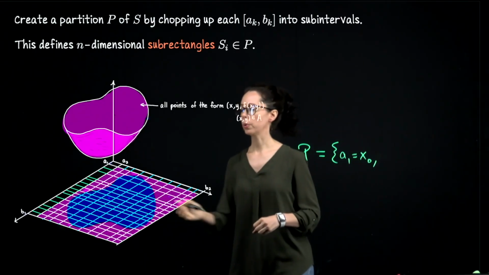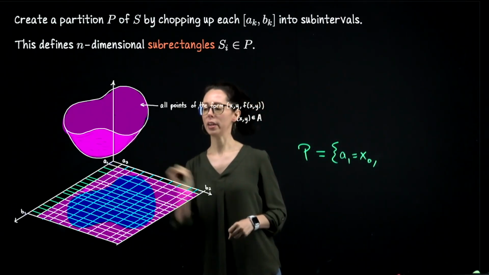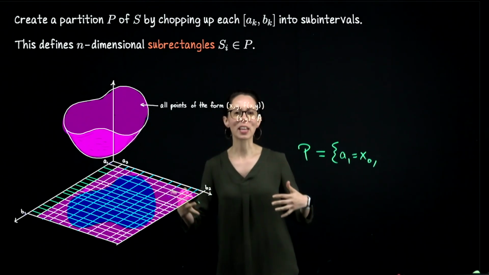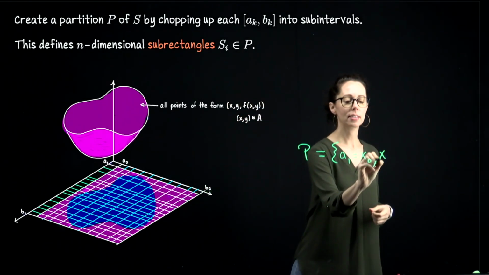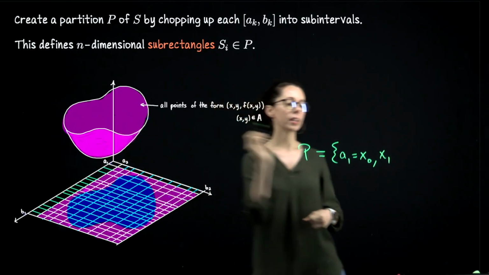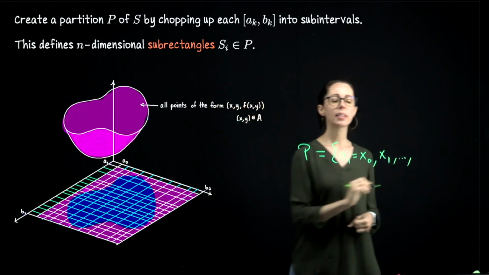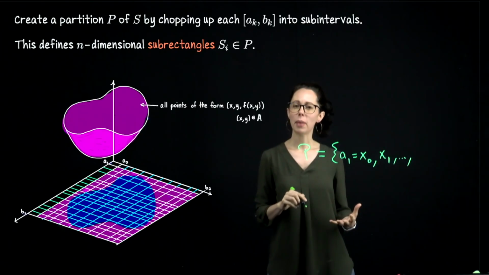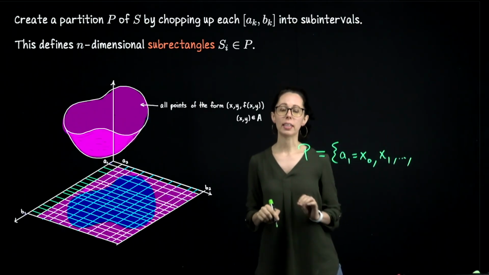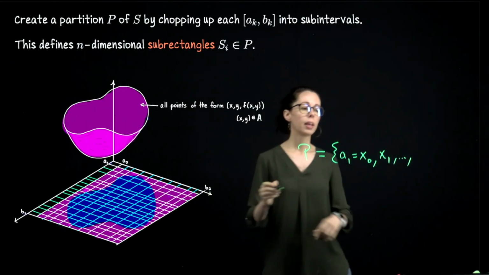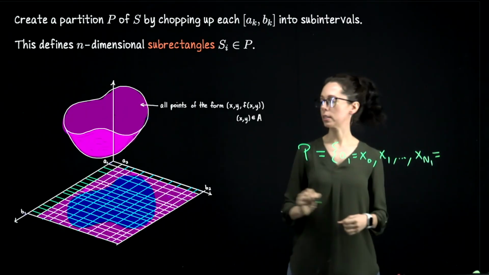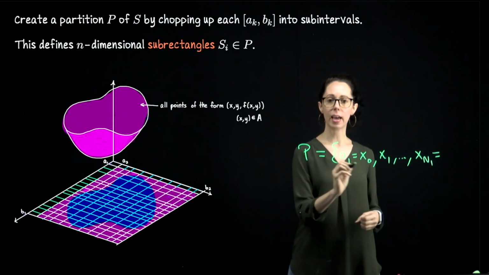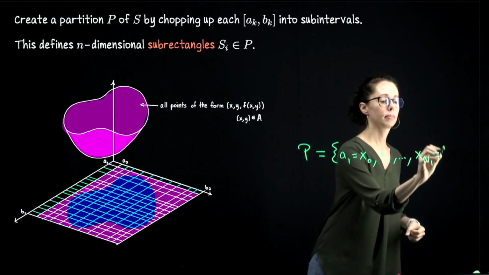That refers to this smallest x value here on the left side of the domain along the x-axis. And then my next slice on the x-axis is x1. And we keep going x2, x3, x4, all the way until we get to however many sub-intervals we've divided the x-axis segment into. Let's call that N1. And that, of course, is going to land us on the right endpoint for the x-axis, and that's B1.